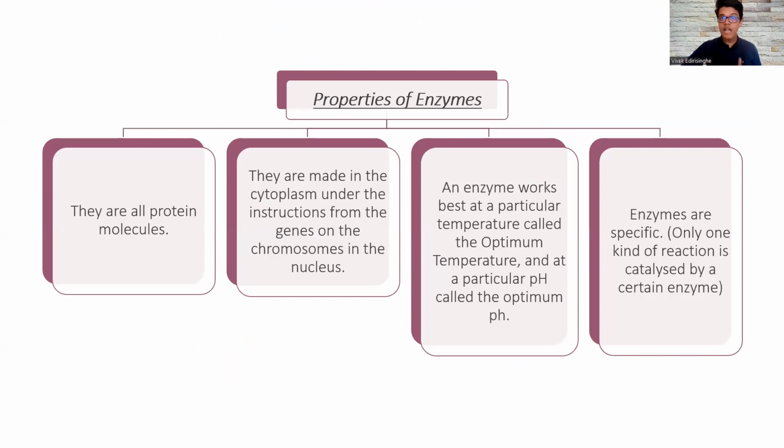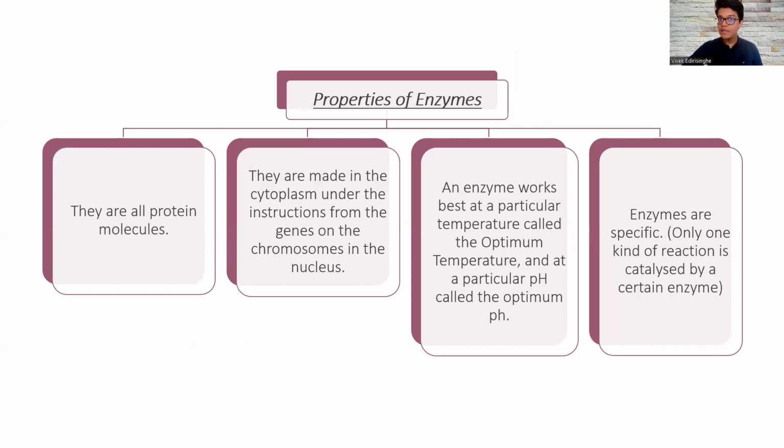All the enzymes are protein molecules, but not all protein molecules are enzymes. That is the most important thing. All enzymes are protein molecules, but not all proteins are enzymes. Secondly, these enzymes are made in the cytoplasm under the instruction from genes which are found in the chromosomes of the nucleus.